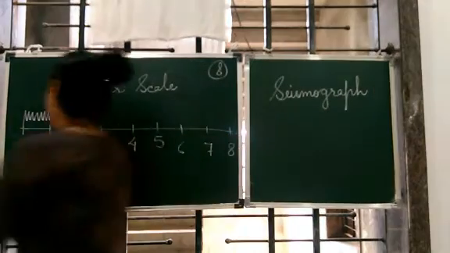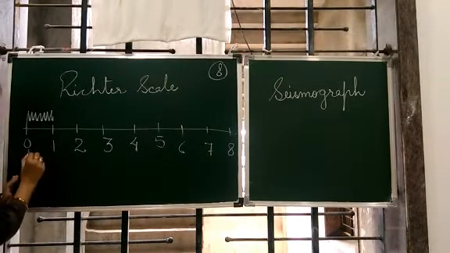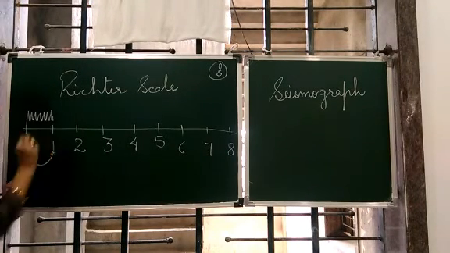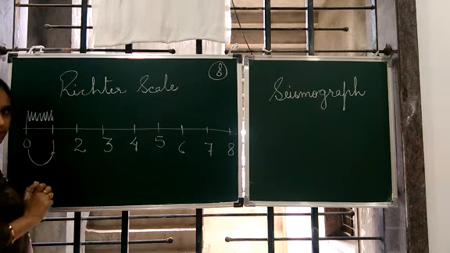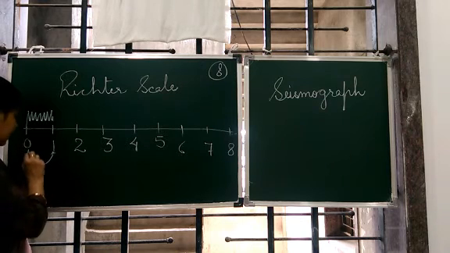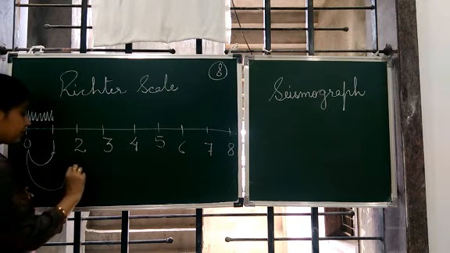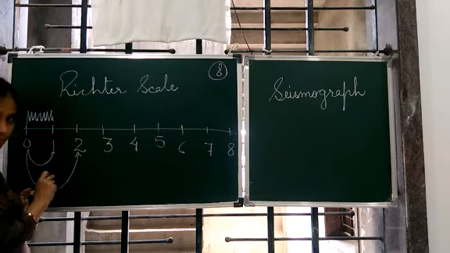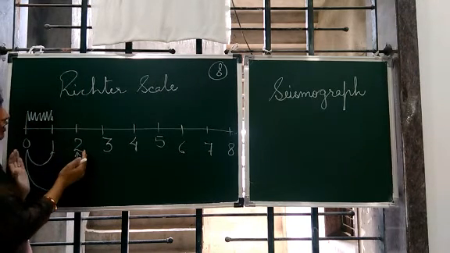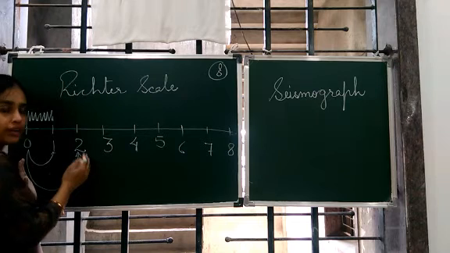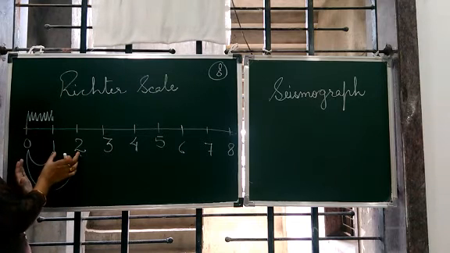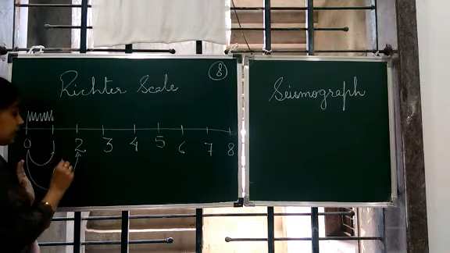That means if an earthquake is of magnitude 1, and there is another earthquake which is of magnitude 2, then the difference between the two earthquakes is not 1. The strength is 10 times.